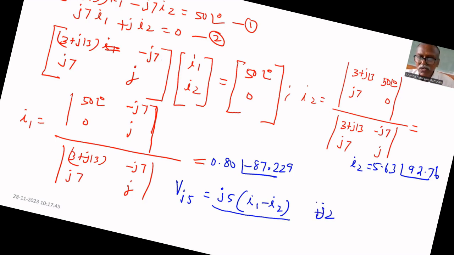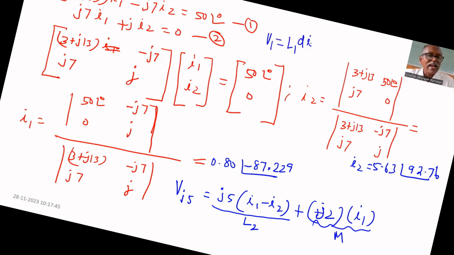That's why plus J2 multiplied by I1. So J5 times I1 minus I2, plus J2 times I1. This is for mutual inductance M, and this is for L2. If you add these two voltages together, we have already seen that the voltage across the inductor V1 equals L1 di1 by dt plus M di2 by dt. We wrote like that.